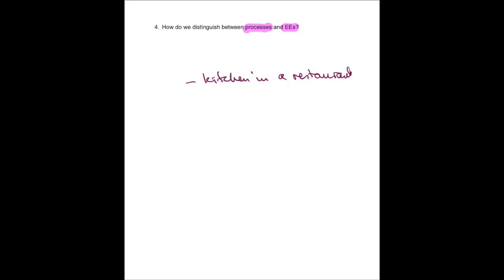Or in a manufacturing company that manufactures t-shirts, the design of the t-shirt. That's a very creative process, isn't it? Or the production of the t-shirt. Now, in all of this, there is an external entity.